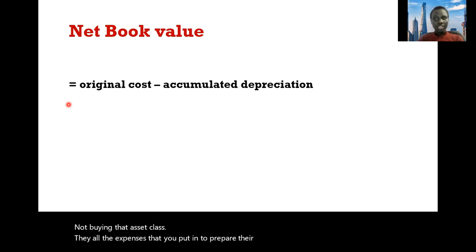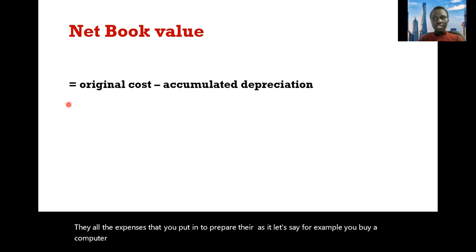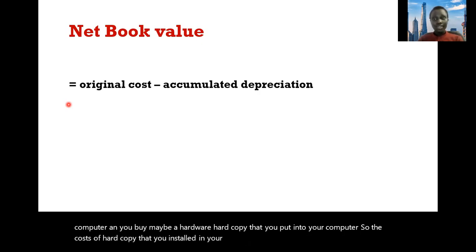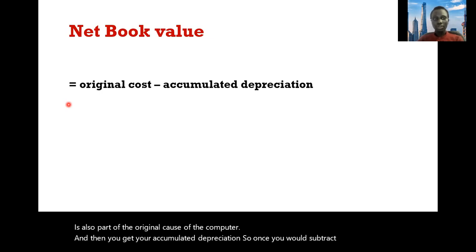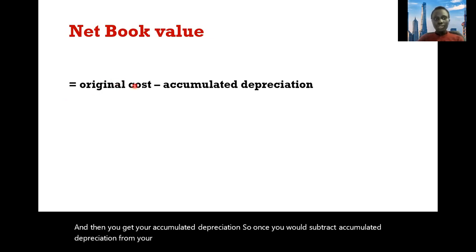Let's say, for example, you buy a computer and you buy software that you install in your computer. The cost of that software is also part of the original cost of the computer. And then you get your accumulated depreciation. Once you subtract accumulated depreciation from your original cost, you get the net book value.